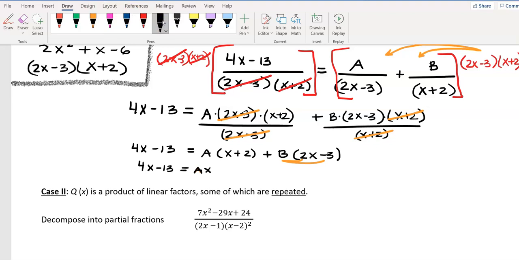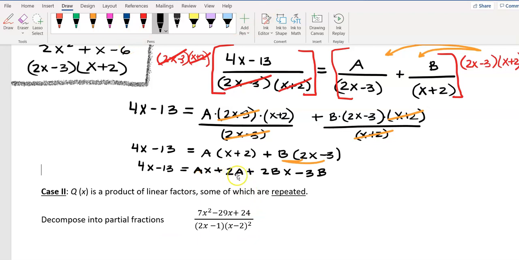So a times x plus 2 times a plus 2 times b times x minus 3 times b. And then you need to group together those that are the same. So you have x terms and then plain constant terms.